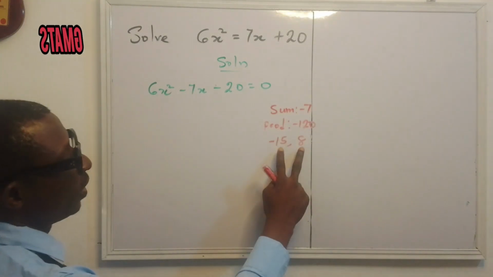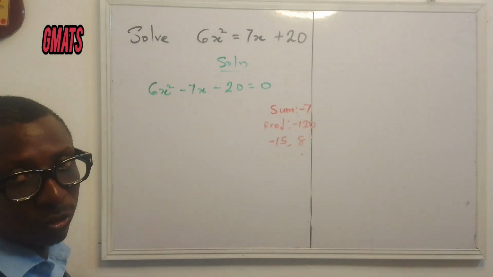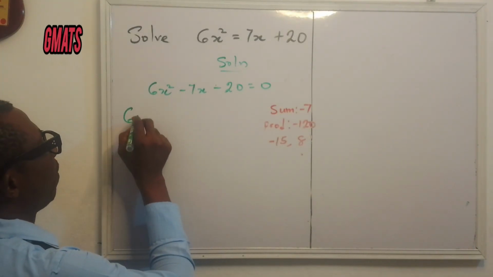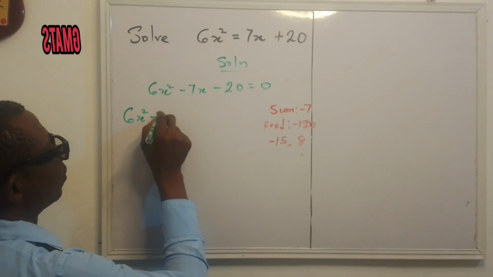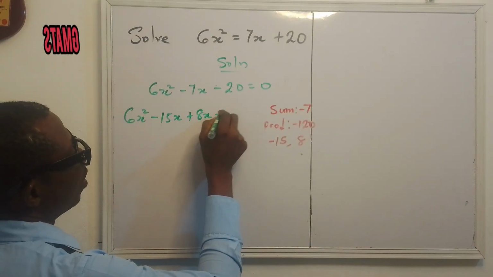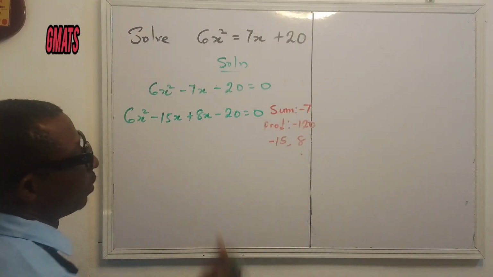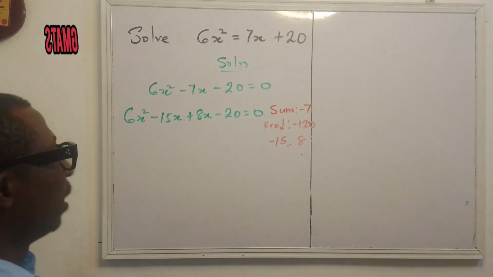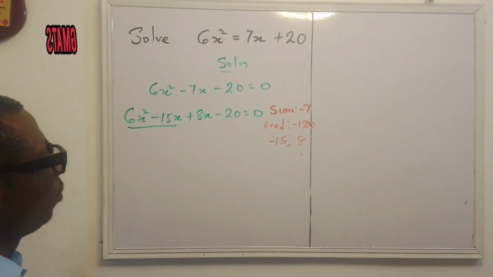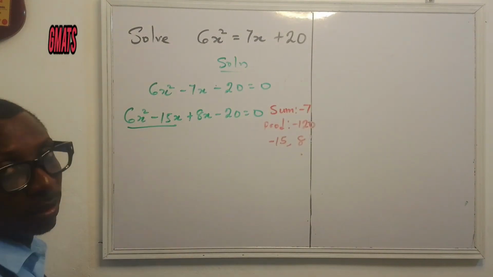Okay, so we incorporate this into this equation. So this equation turns to 6x squared minus 15x plus 8x minus 20 equals 0. Okay, now look at this first part here. You look for the GCD. What's the GCD of this?